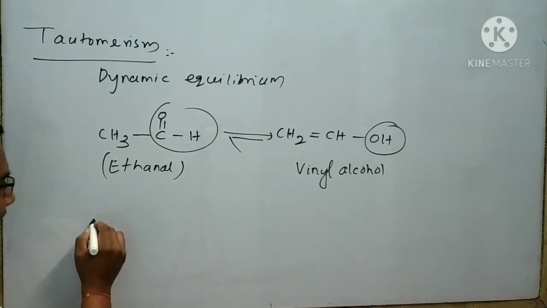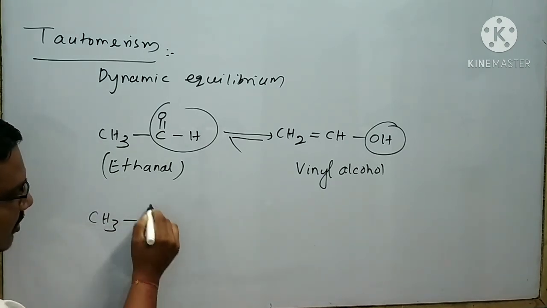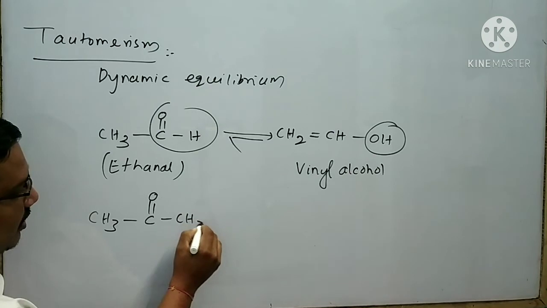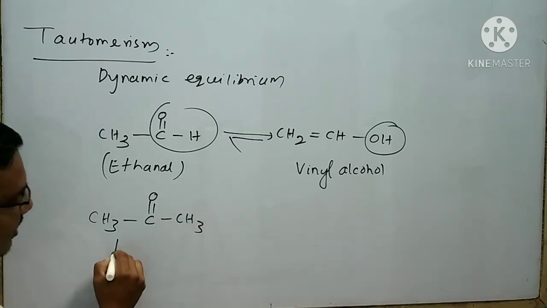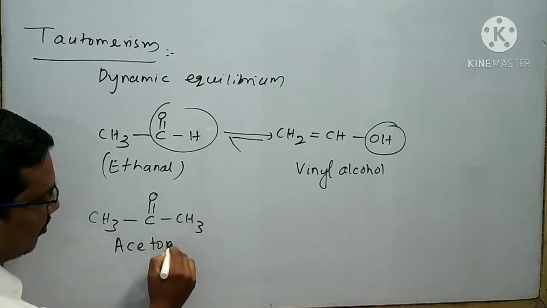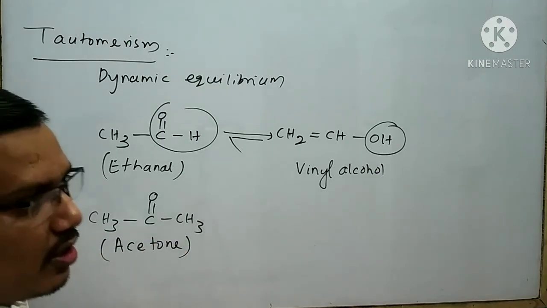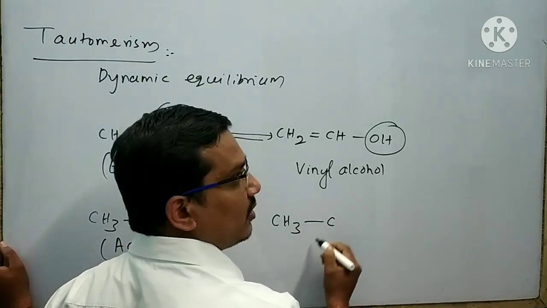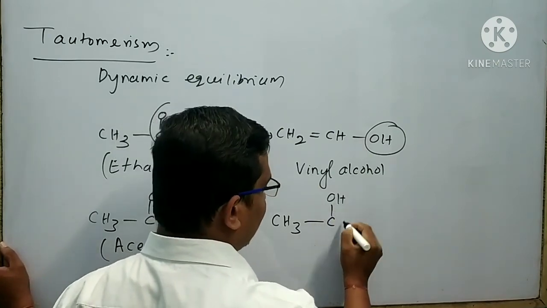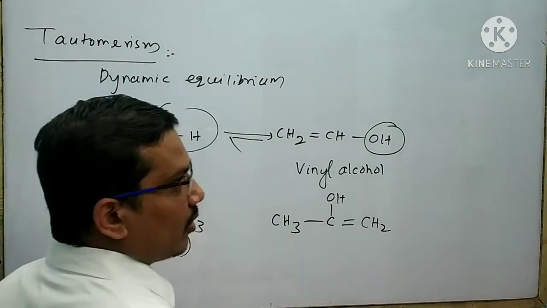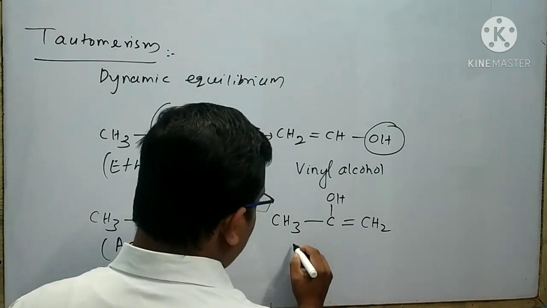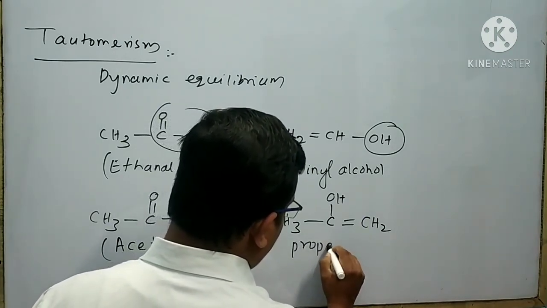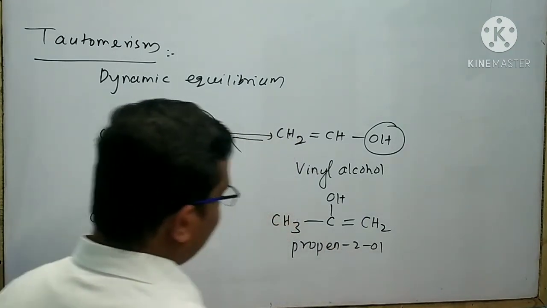Similarly, take another example: CH3-C=O-CH3. The name of this compound is acetone. Take another compound: CH3-C(OH)=CH2. The name of this organic compound is propen-2-ol.